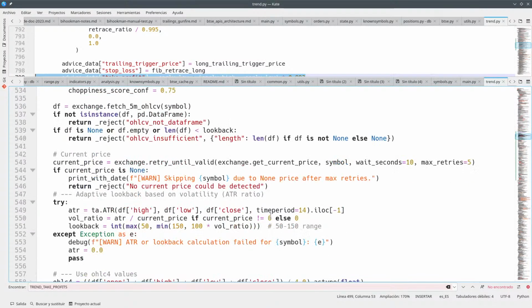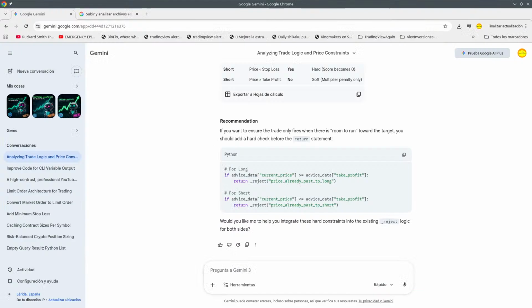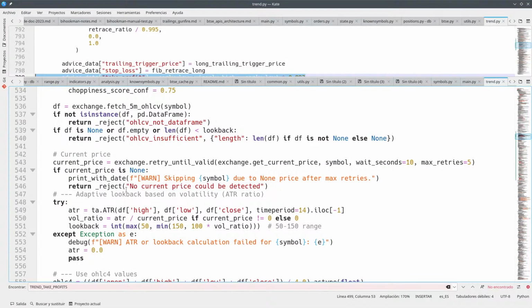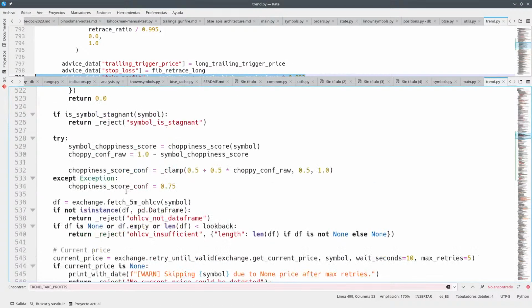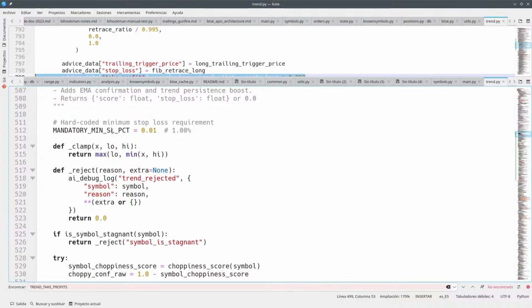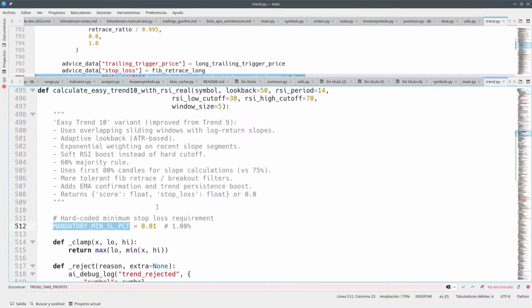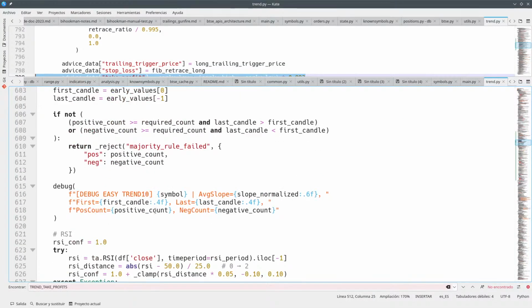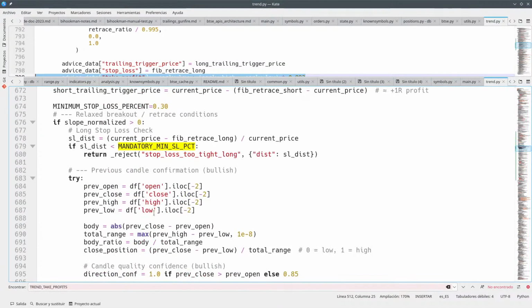So maybe we need to have a minimum stop loss or whatever, because of how this is done, the retrace long. I mean, there's a minimum stop loss somewhere, isn't it? This thing here. So we are asking for a minimum stop loss of 1%, isn't it?